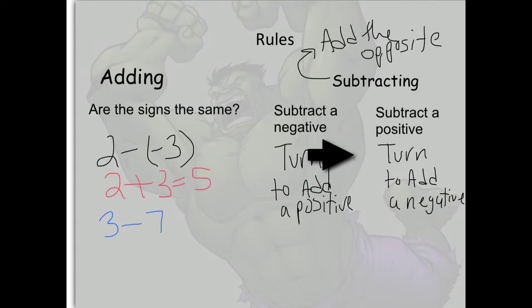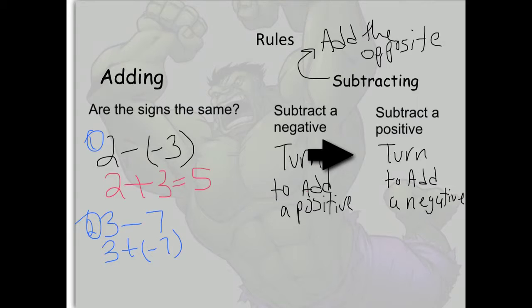This is example 1, this is example 2. In order to answer this, we're going to turn it to adding a negative because it falls under this one. We're subtracting a positive. So if we were to add a negative, this will become 3 plus negative 7.